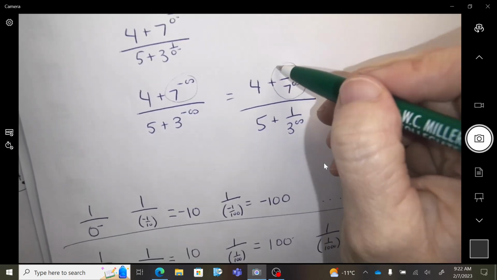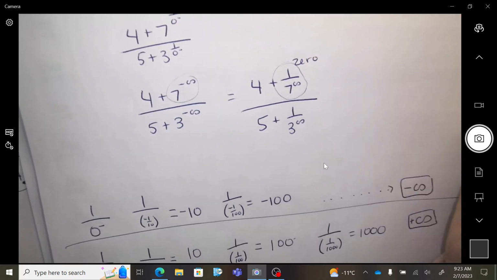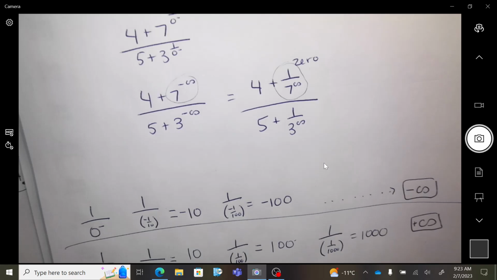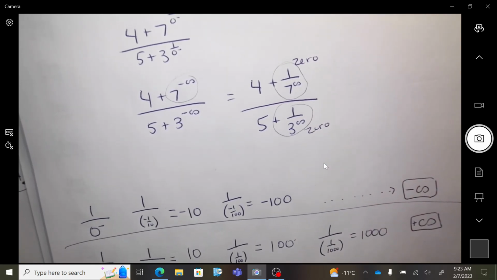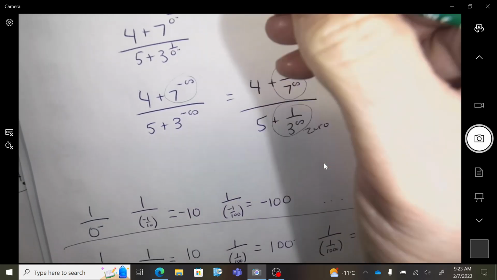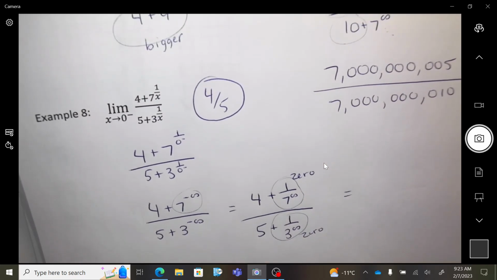Now, think about what would happen to that number. 1 over something really big turns into what? 0, basically, right? 1 over a big number. This basically zeroes out. It goes so close to 0, so my final answer would be 4/5. Okay?